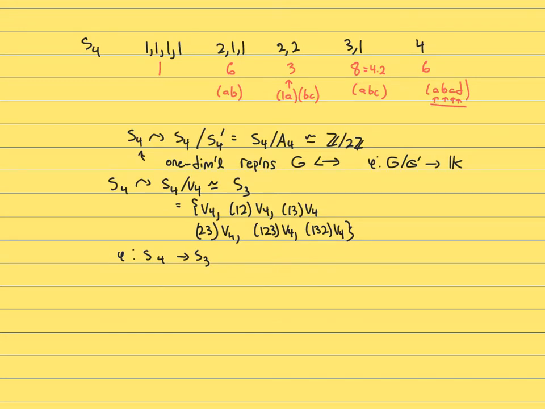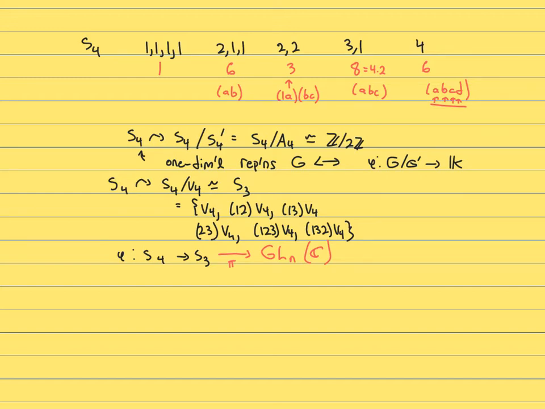But I'm going to be a little bit more clever and try to get work out of stuff we've already done. If you act on S4 mod V4, that's isomorphic to S3. So there's this quotient map from S4 to S3. And in particular, for any representation we already have for S3, you can compose it with this homomorphism, and you now have a representation for S4.